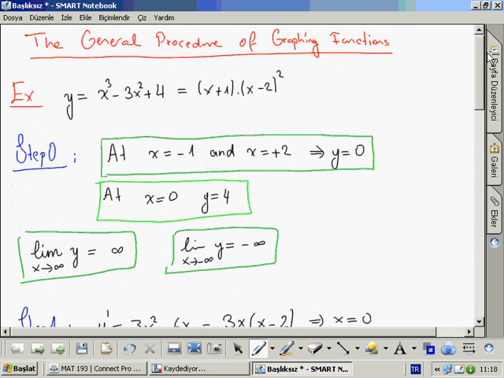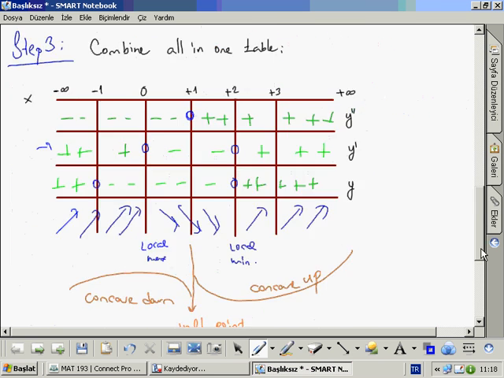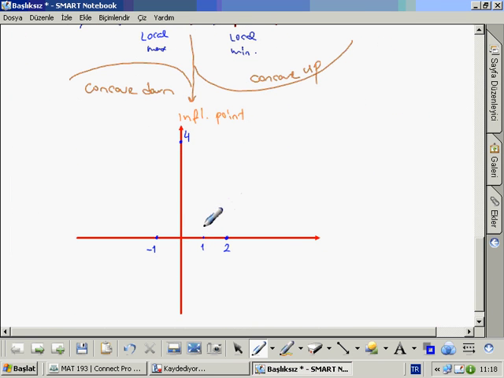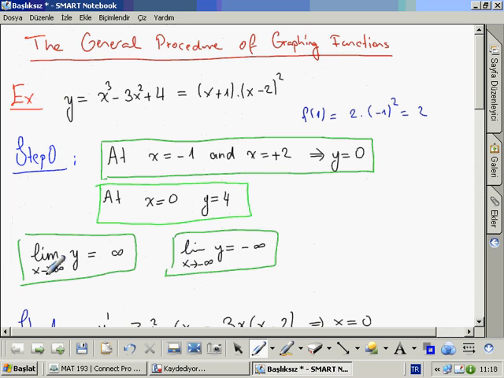When x equals 1, please put the values here, and f of 1, which is the inflection point, we know that, is 2 times minus 1 squared, and it will be plus 2. So here will be the inflection point, and our function comes from minus infinity, because when x approaches minus infinity, y is minus infinity.